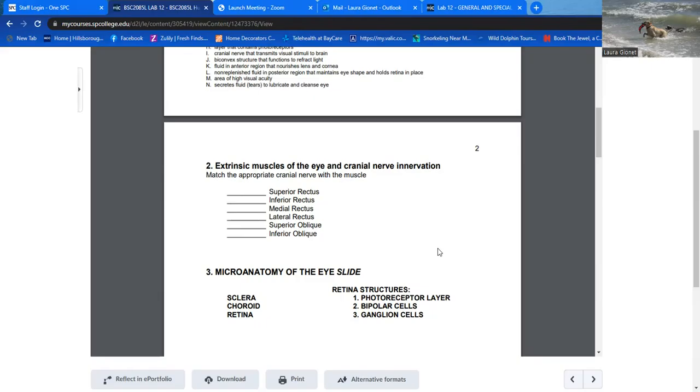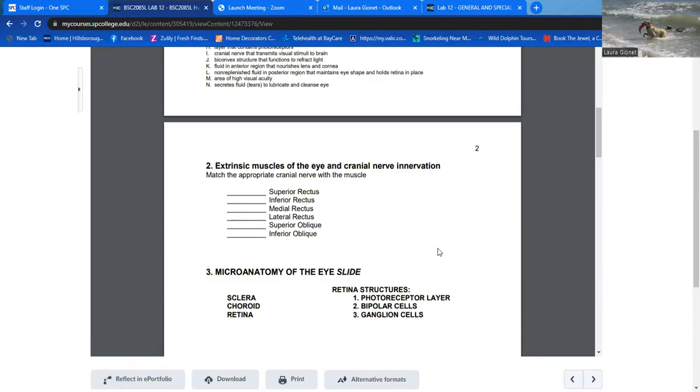So there's an easy way to keep this in mind. We always used it when I was in school: LR6, SO4, all else 3. Which means superior oblique is innervated by cranial nerve 6, which is abducens.